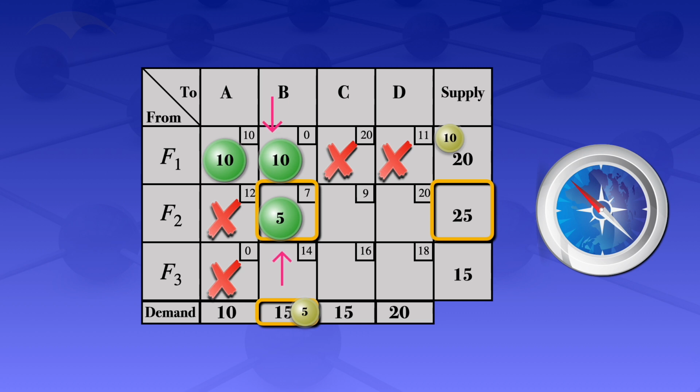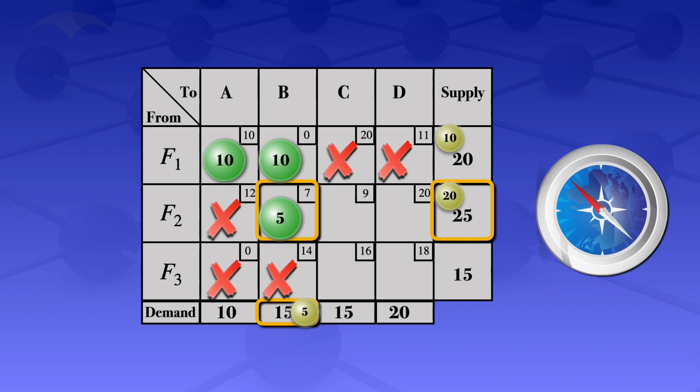So we have now met the demand for destination B there. So I'll cross out to indicate we can no longer allocate any more in this column. But looking at this row here, it has a supply constraint of 25. We have allocated 5. So the remaining there that we can allocate in this row, we still have 20 more.